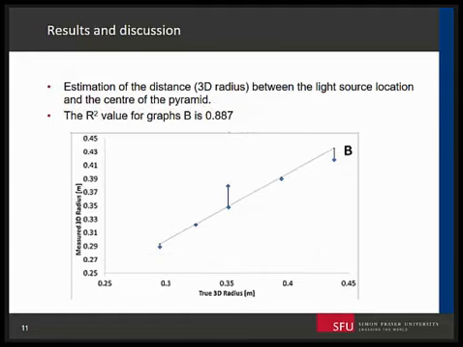When we regressed the calculated angle of incidence, and the calculated distances or 3D radius between the light source and the center of our pyramid pixels, we came across an R-squared value which is nearly 0.9. The reason for that is sometimes we had some measurement issues and outliers.